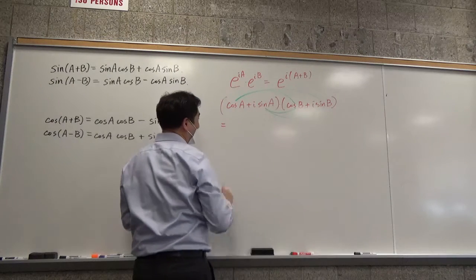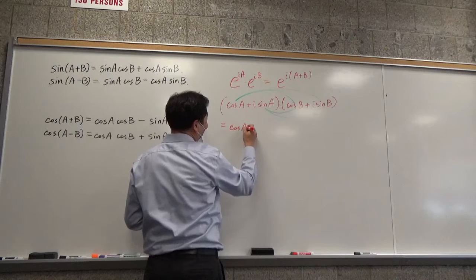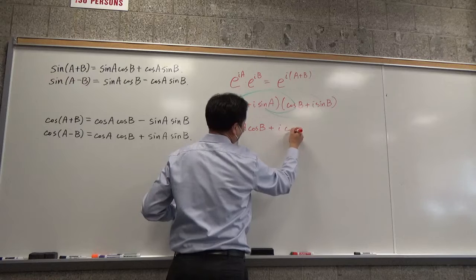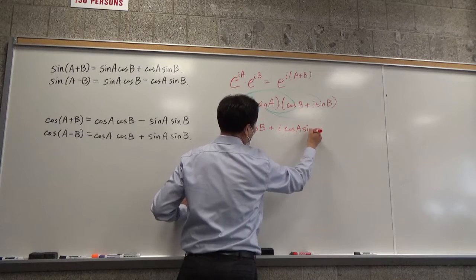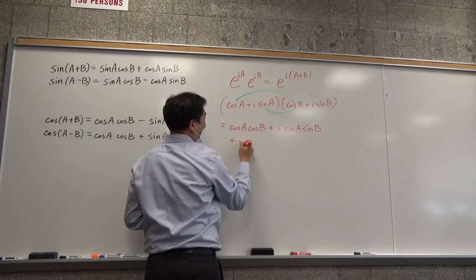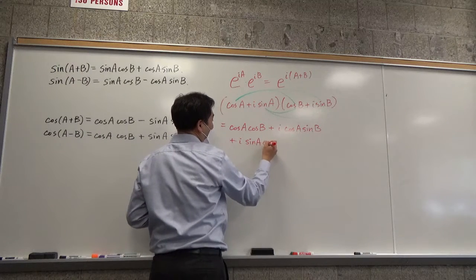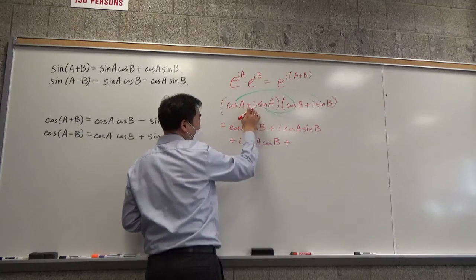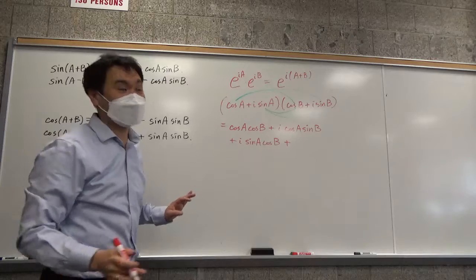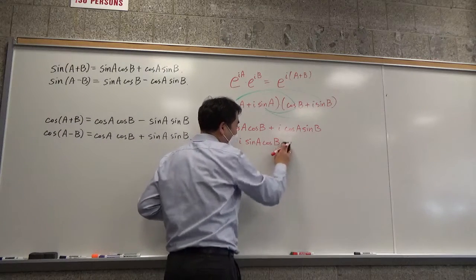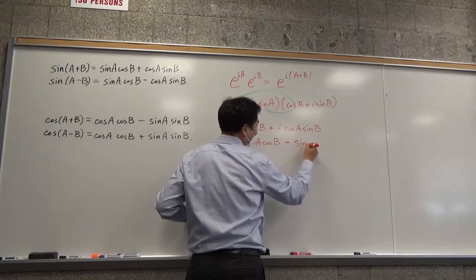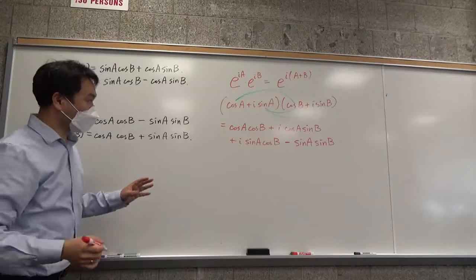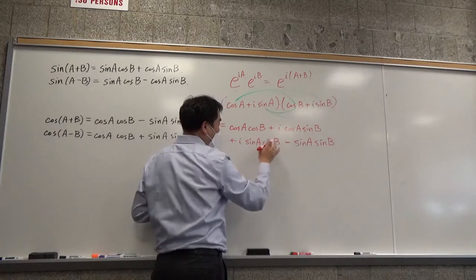And the result is you have cosine A cosine B, plus i times cosine A sine B, plus i times sine A cosine B, plus i times i, that's i squared, which is negative, so negative sine A sine B. And then you put the real parts together and the imaginary parts together.